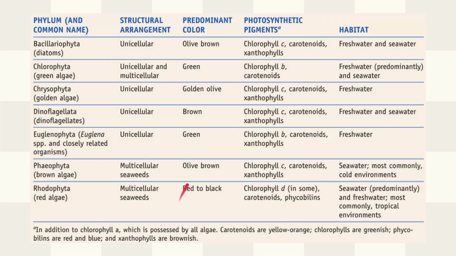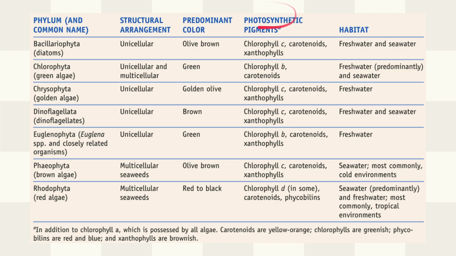So I have this table. Basically, algae are characterized based on their structural arrangement, whether unicellular or multicellular. They are also characterized based on color. Some are olive brown, green, golden olive, brown, red or red to black colored.